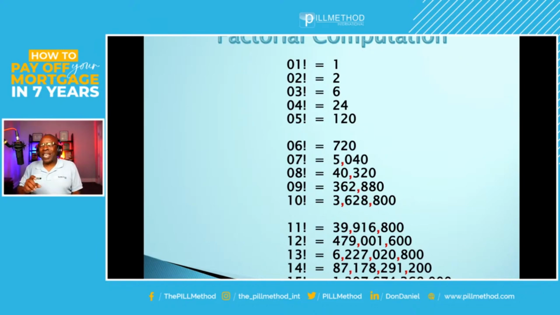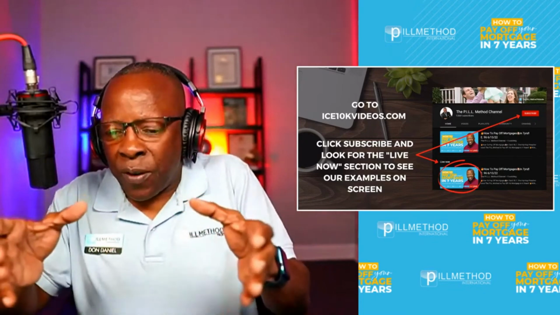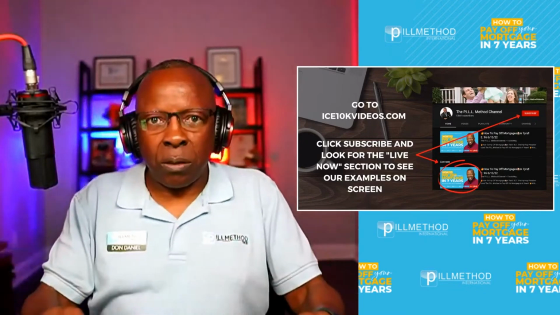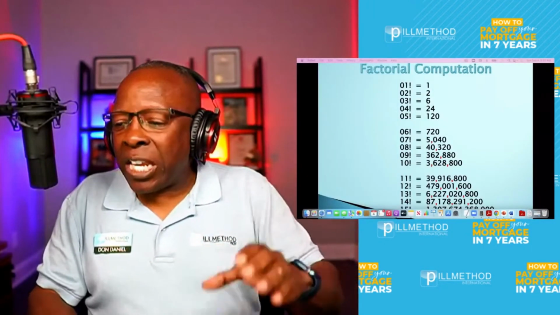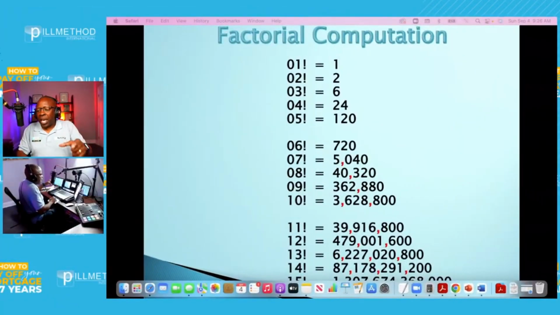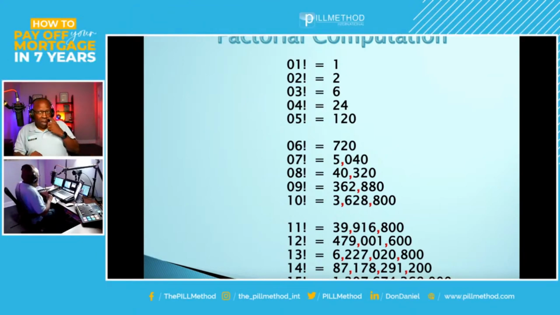Let me give you an example of what 10 variables would mean. Each time you arrange the variables, it's called a permutation. So 10 variables will give you 3,628,800 permutations, and one of those permutations saves you the most money.